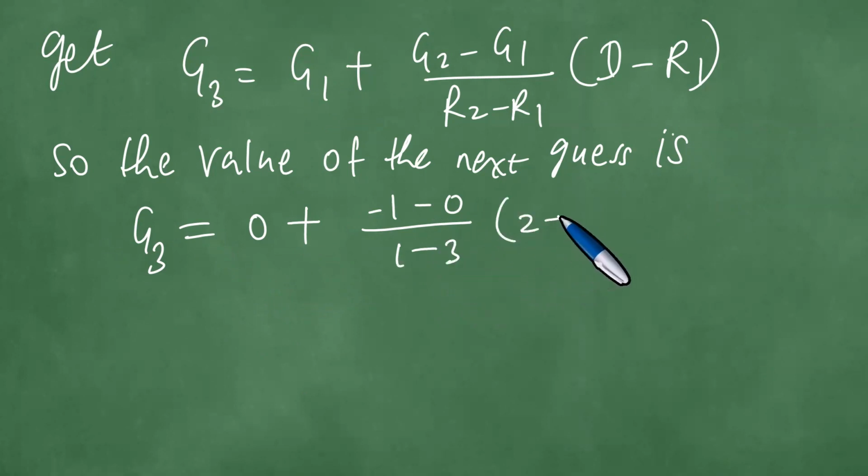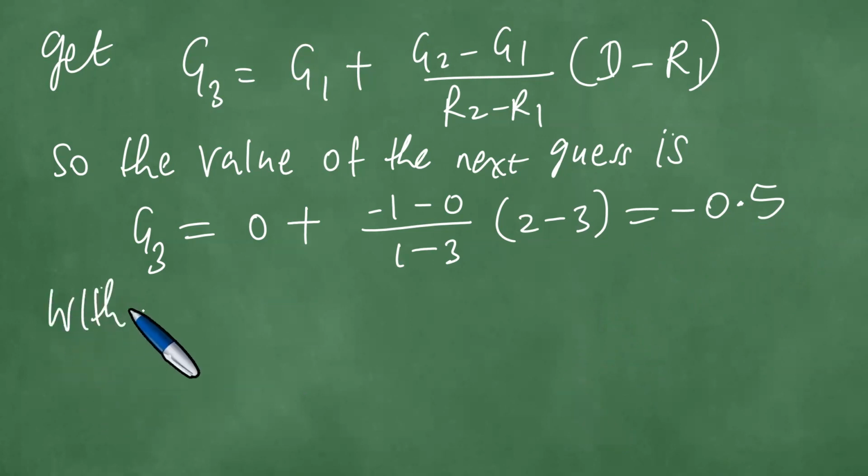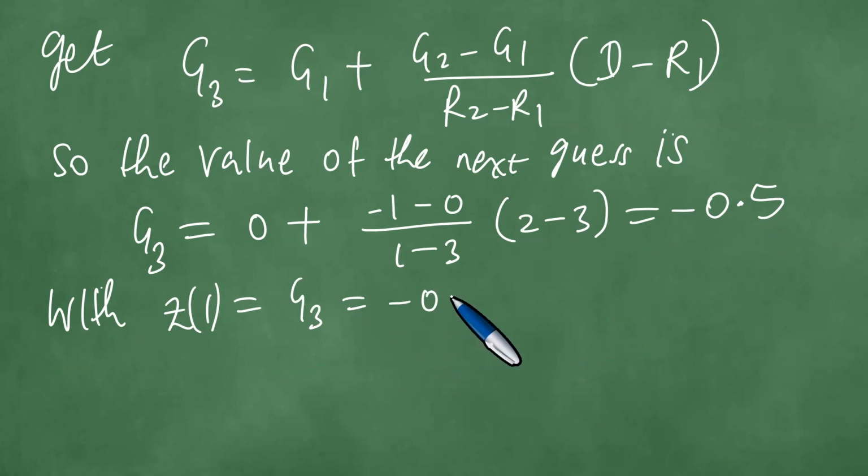D became 2 minus 3, which is minus 0.5. With Z1 equals G3, guess 3 is minus 0.5. This is the guess that's going to work.